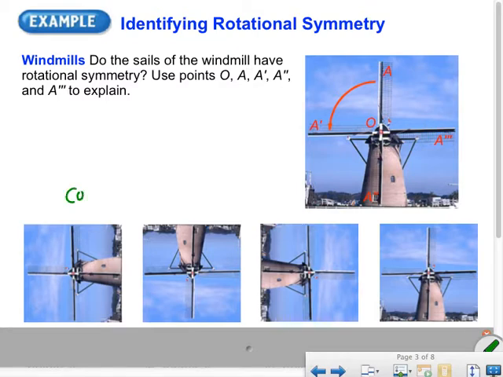So counterclockwise. And then we'll have our answer in clockwise rotation. And we'll do that for each of these.